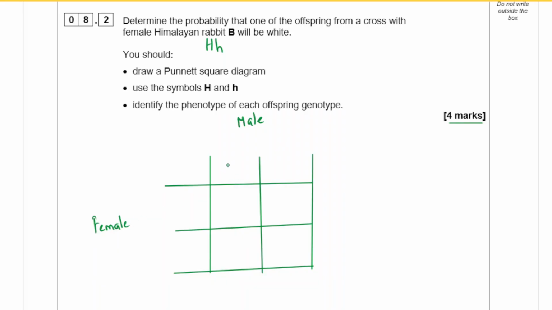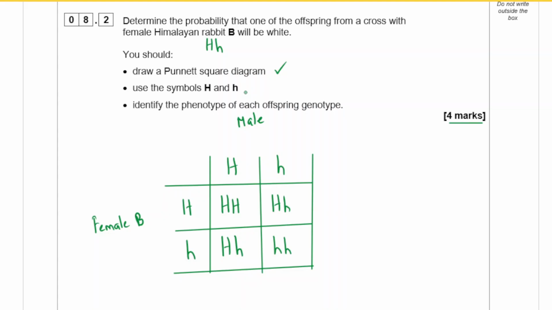The male is heterozygous, so it will be capital H and lowercase h. The female, remember it's female B, should be capital H, lowercase h. So the offspring will be capital H capital H, lowercase h capital H, capital H lowercase h, and lowercase h lowercase h. So we've drawn the Punnett square.